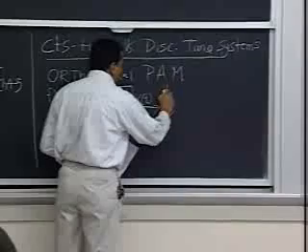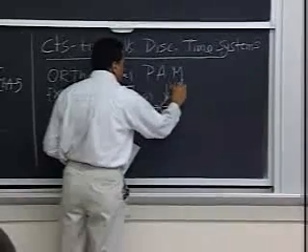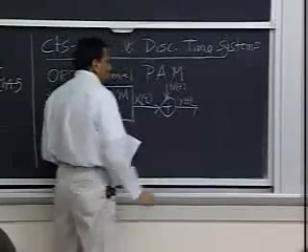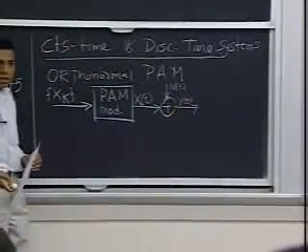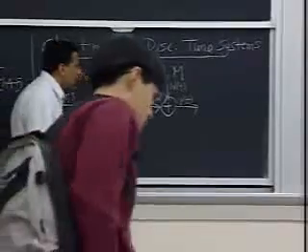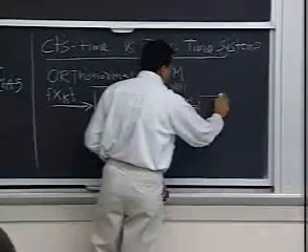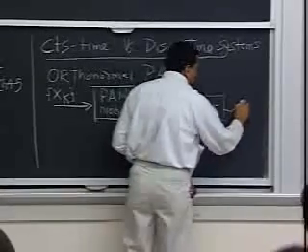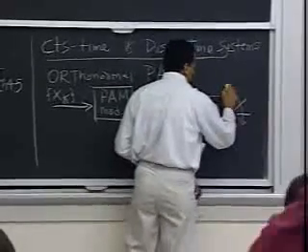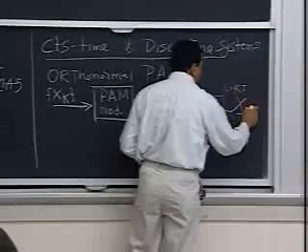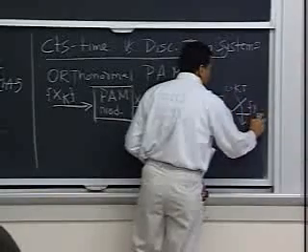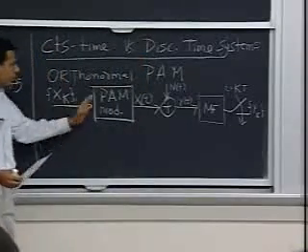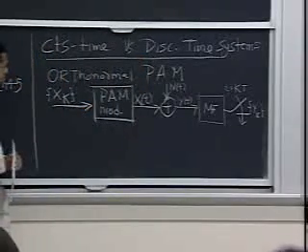You have additive noise on the channel, and what you receive is y of t, the waveform that the receiver receives. A canonical receiver structure is a matched filter followed by sampling, so what you get out is a sequence of symbols y_k. So this is a structure for an orthonormal PAM modulator.